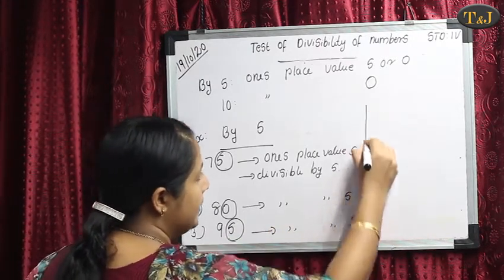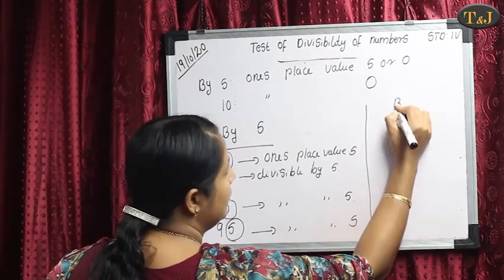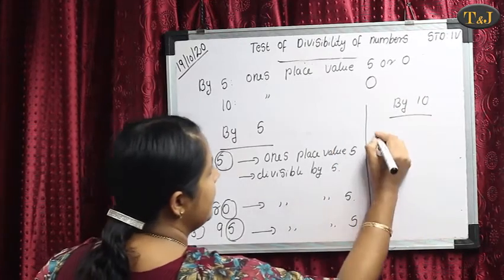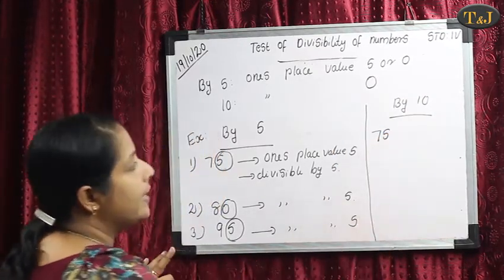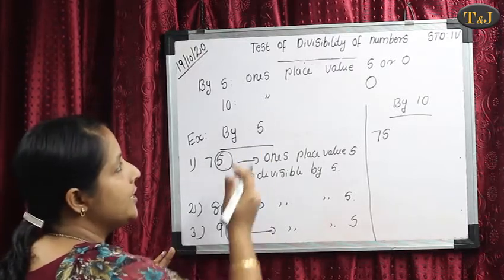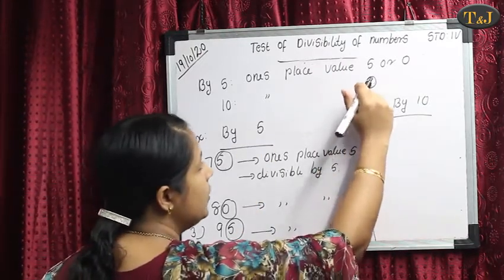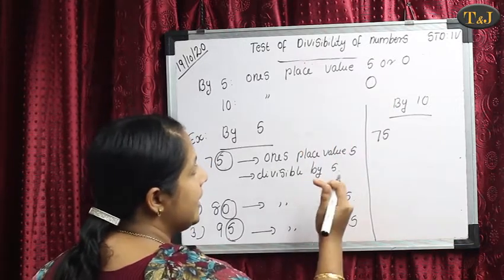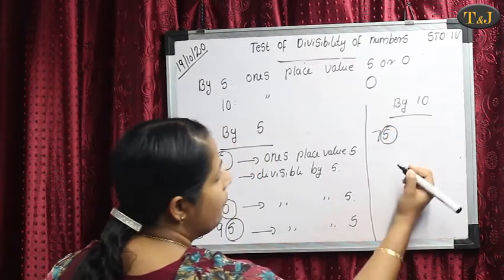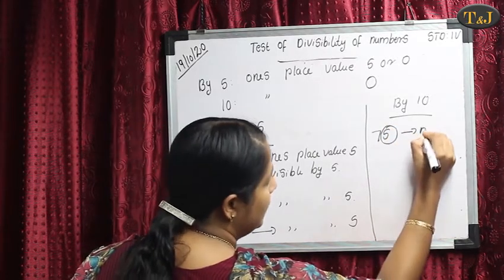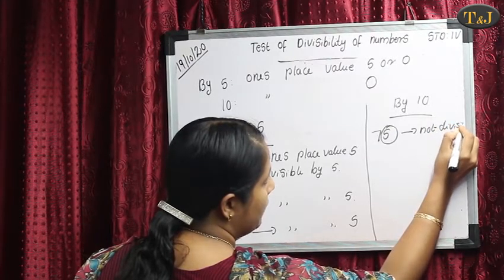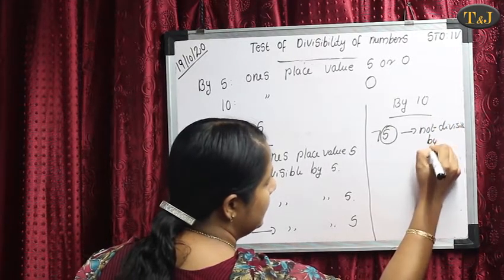Okay. Then in the same way, take the divisibility by 10. Same example, taking our 75. Is 75 divisible by the number 10? No. The condition is that the ones place value is 0, only 0. Here our ones place value is 5, so it is not divisible by the number 10.